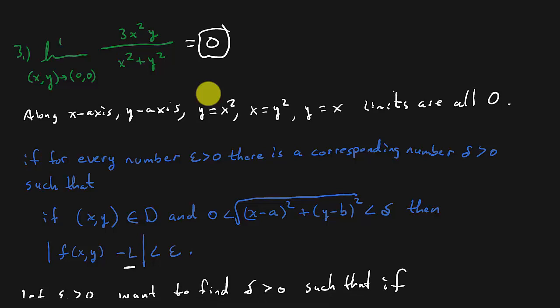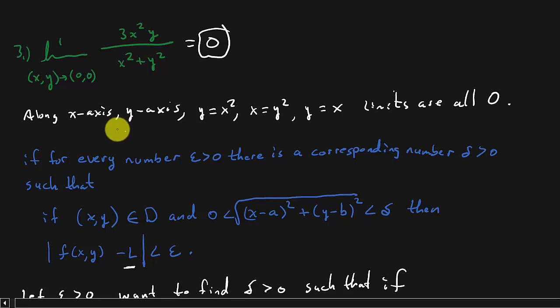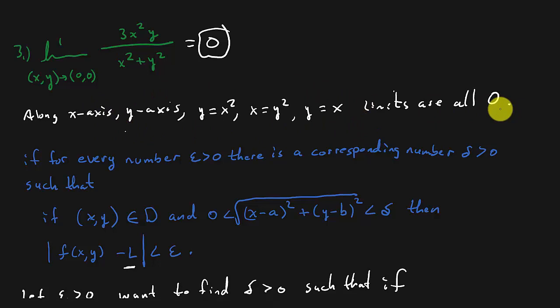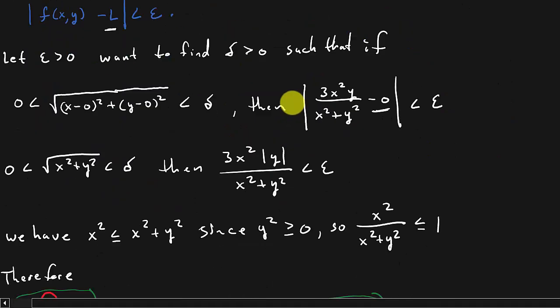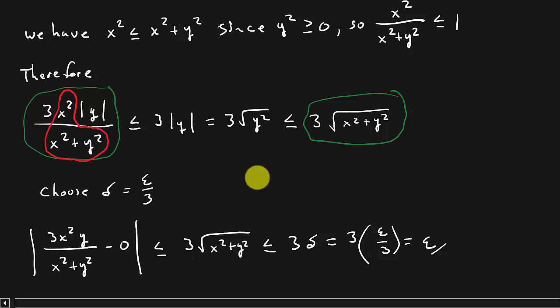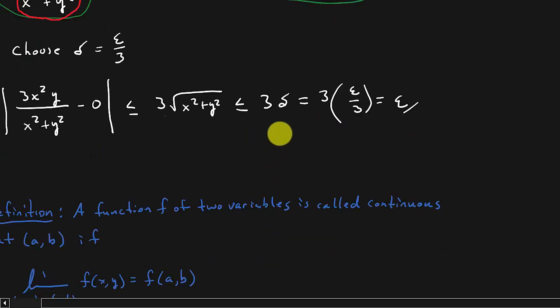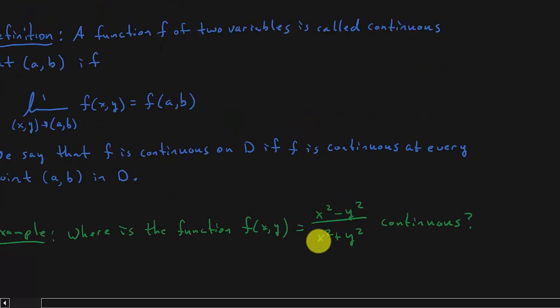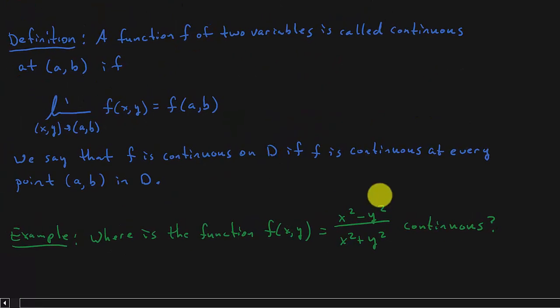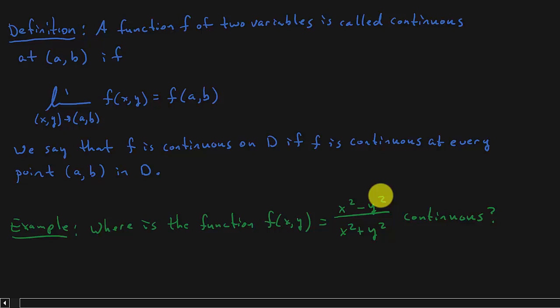I mean, look at here. All these paths here, they all equal 0, but still with that, we could not say that the limit goes to 0. We had to go through the definition here and show that it equals 0. Okay. All right. So let's look at this problem.